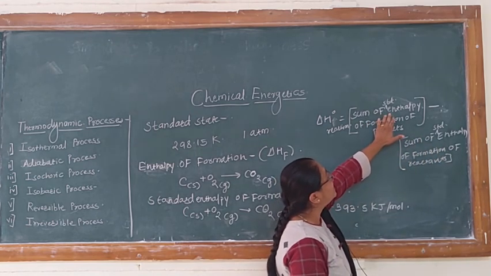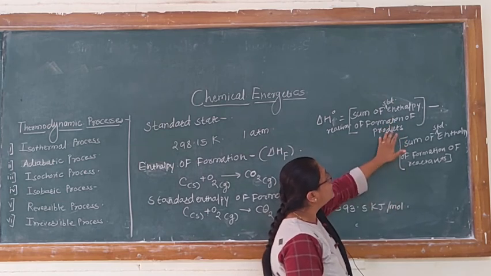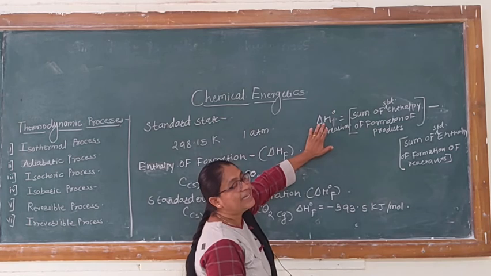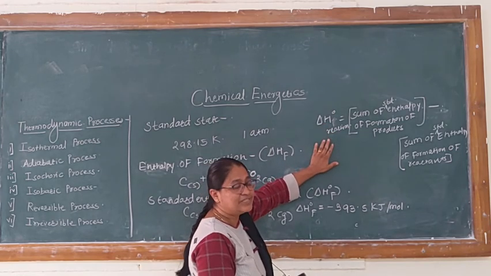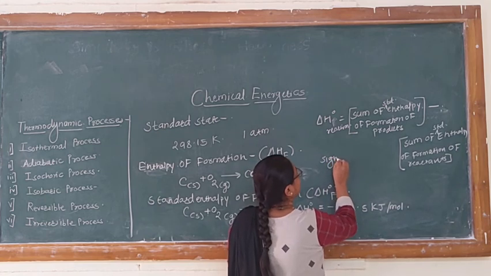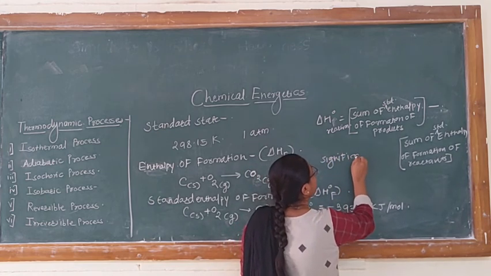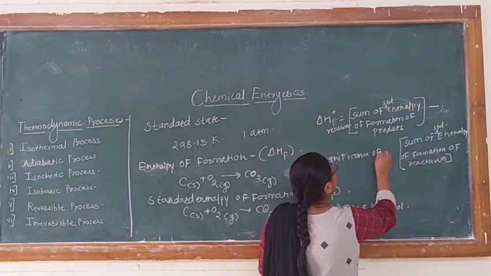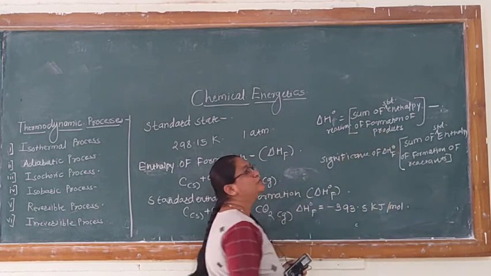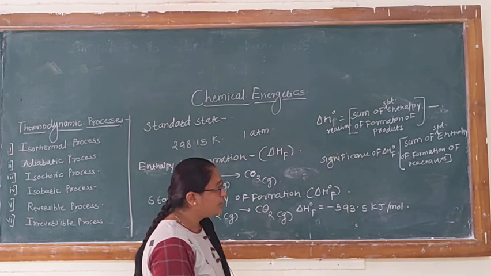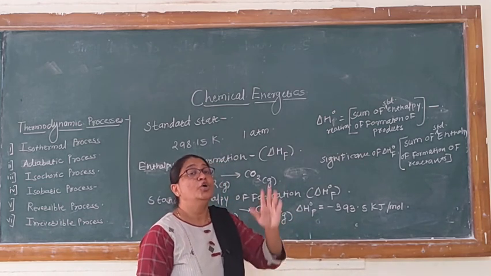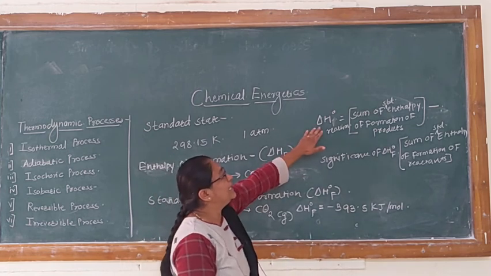If you know the standard enthalpies of formation of the reactants and products, you can calculate the standard enthalpy of the reaction. So this is the significance of the delta H0F value.